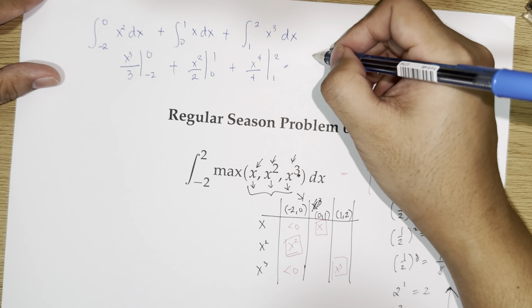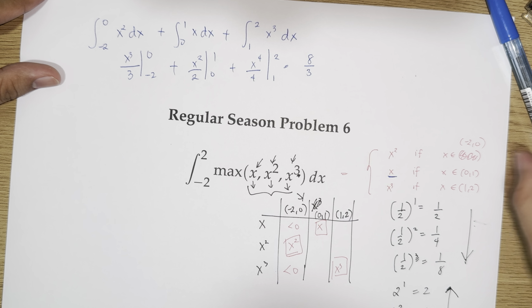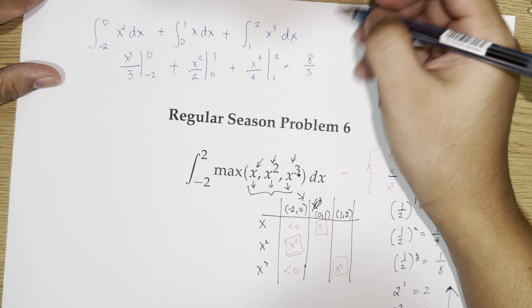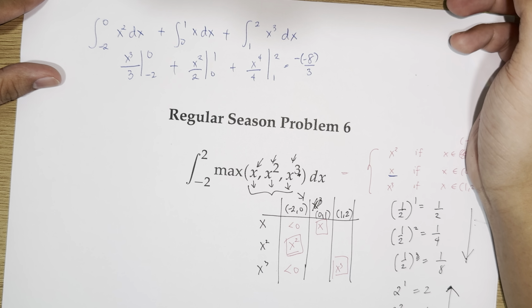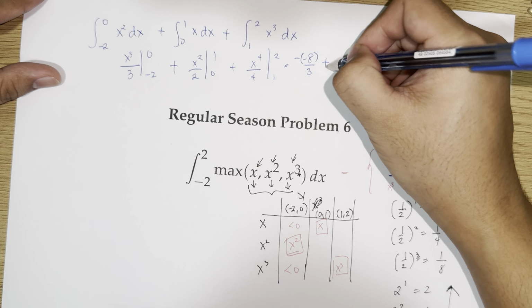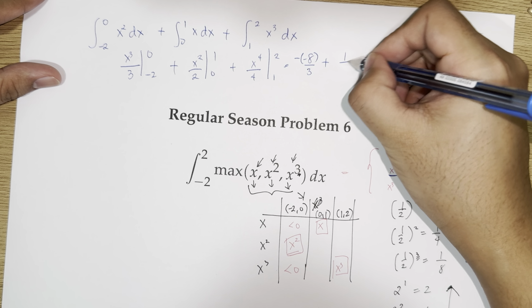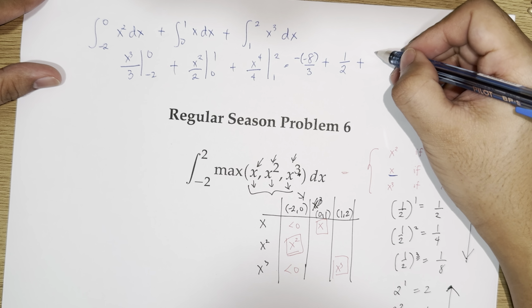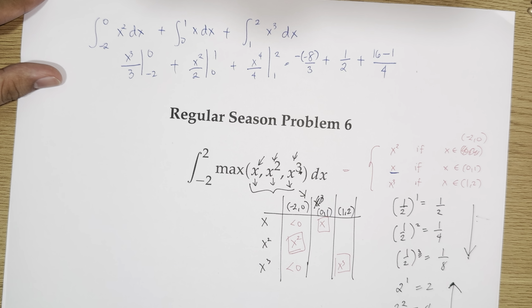In evaluating this, we get 8 over 3, since it's negative of negative 8 over 3, that's why it's positive 8 over 3. And the other one is 1 squared over 2 minus 0 squared, so that's 1/2. Then lastly, that's 2 to the 4th, 16, minus 1 to the 4th, over 4.